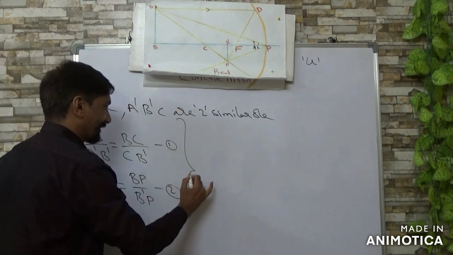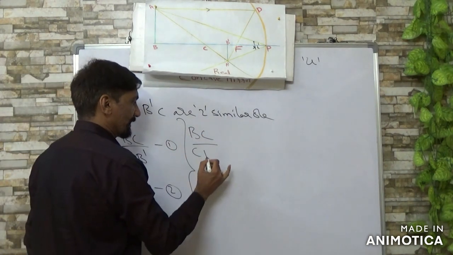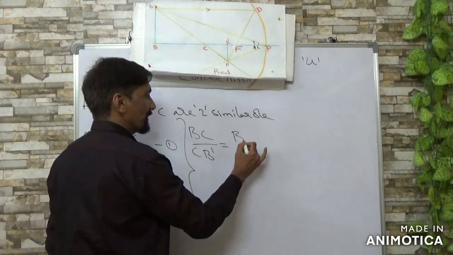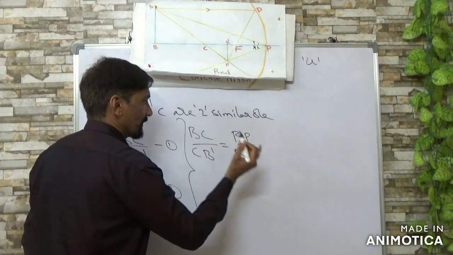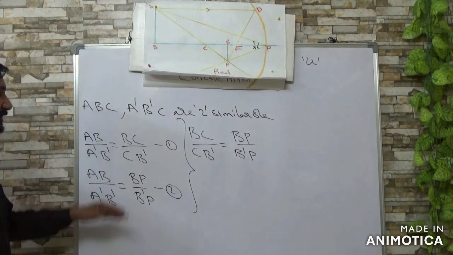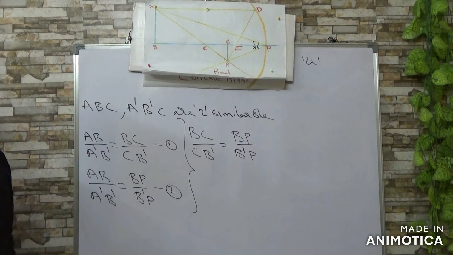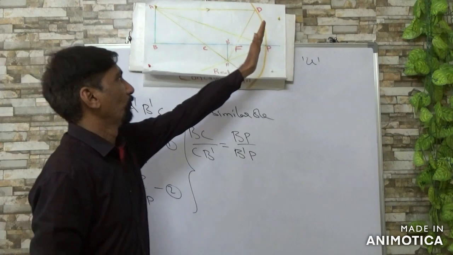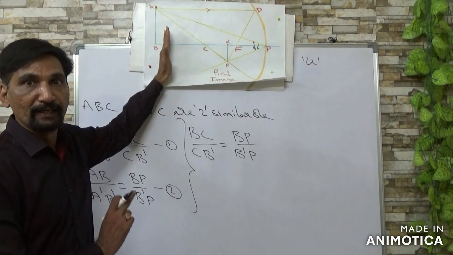We can take directly BC by CB dash equal to BP by B dash P, because it is the same ratio, so the right hand sides are equated. And remember one more important caution: whenever you measure distances from the pole on the left side, the corresponding distances are taken negative.